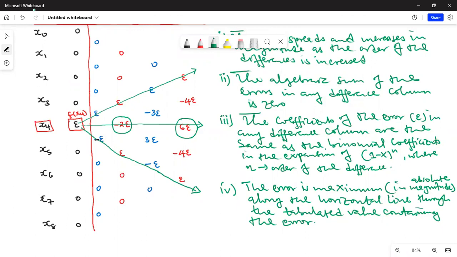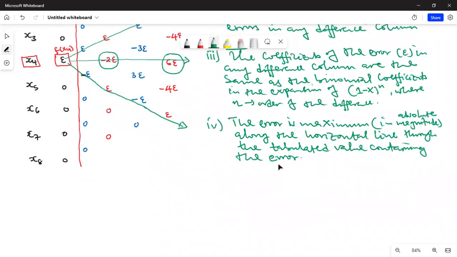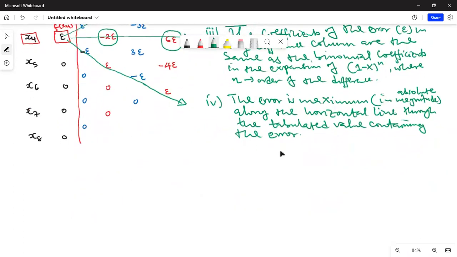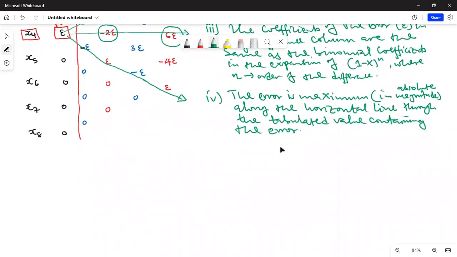And another note is that once you know this error, you'll always want to correct it. How do you get to the original figure that you're supposed to record? This is very important, so let me write it down.